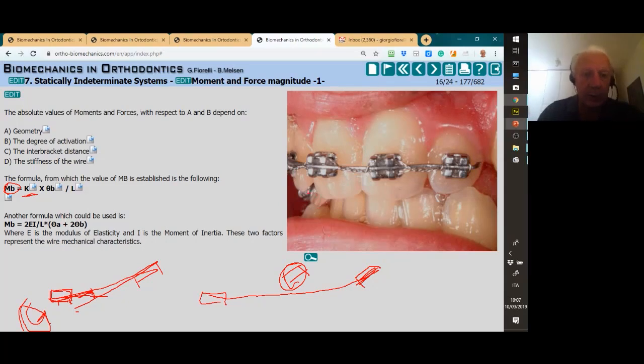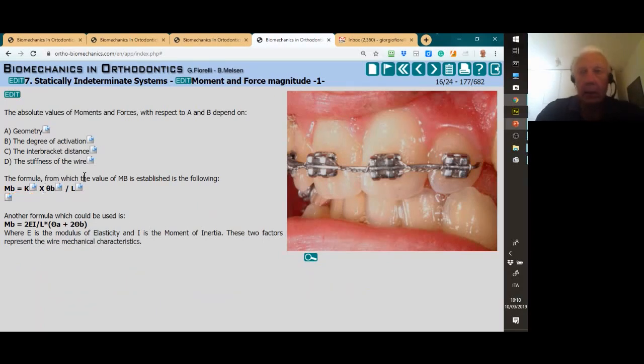But of course, another factor influencing the amount of this moment is the amount of angulation. And again, it is impossible in the mouth to measure the angles. So all in all, we have the impossibility of measuring this moment, of even calculating this moment, unless we find a completely different way.